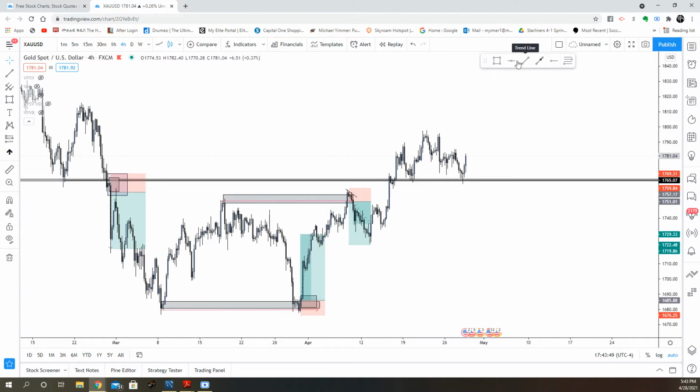So if you remember back in February or March, we had a very strong supply somewhere around here, and also a break and retest. So where was it? One sec. Yeah. So this one, right?